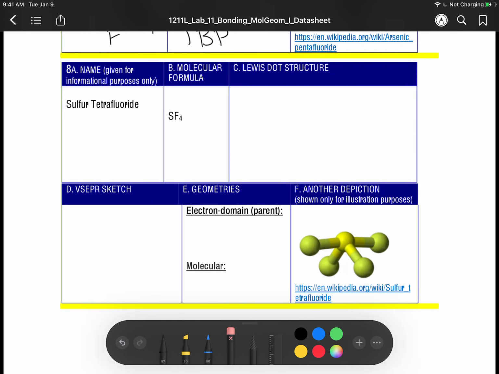If we draw the Lewis structure for this, it looks like the following. Like so. So here we have 5 electron domains. So our electron domain geometry is going to be trigonal bipyramidal.